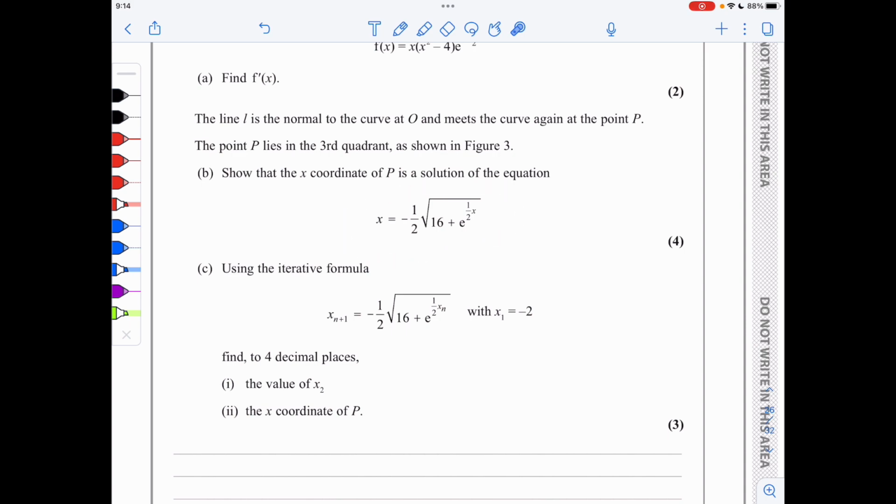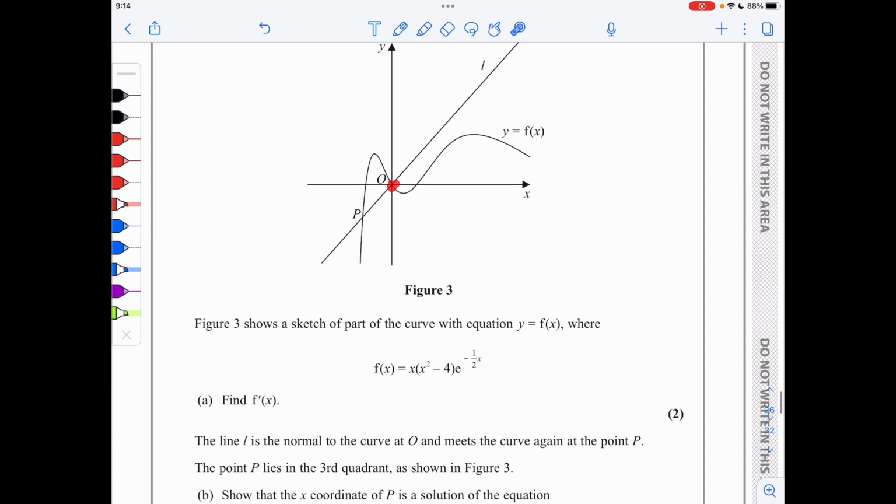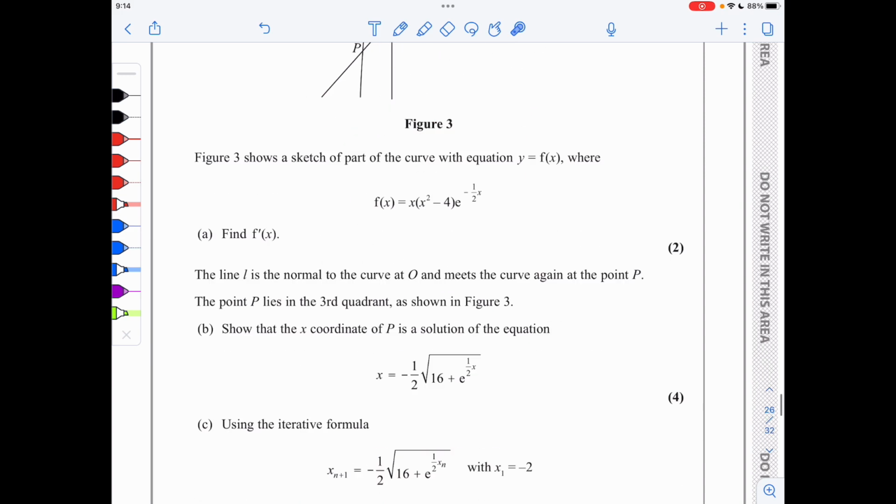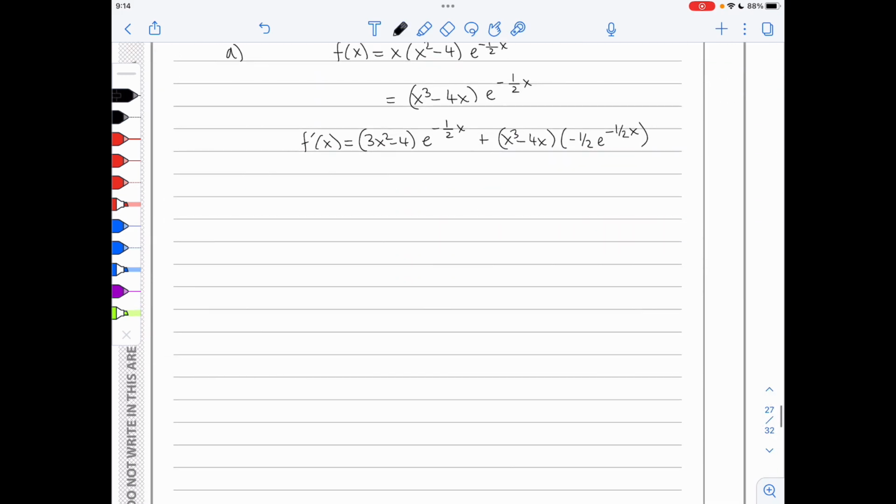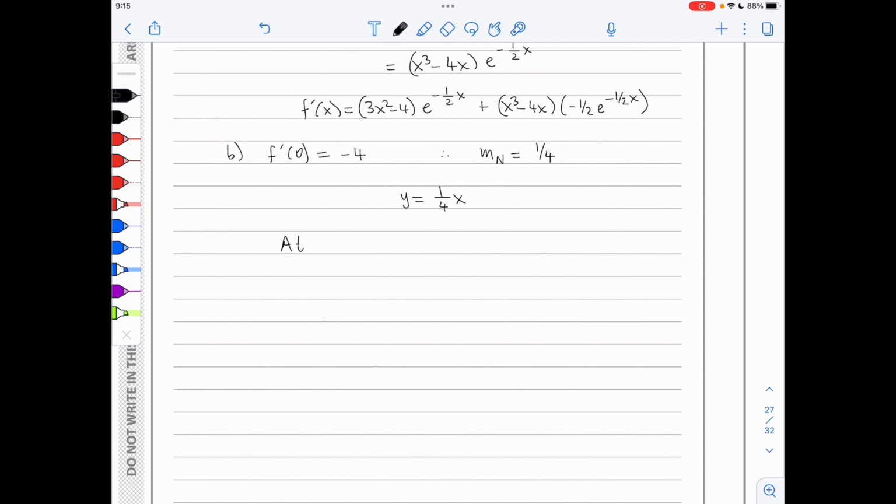So, because the point of intersection is the origin, I will start by evaluating f dash of 0. So if we put 0 in place of x, we can see that we get minus 4. And this means that the gradient of the normal is a quarter. So the equation of the normal is y is a quarter x, as we know it passes through the origin. And at the point P, we've got the normal and the curve meeting again, so I can equate their y coordinates.